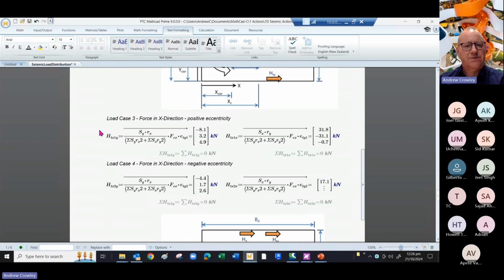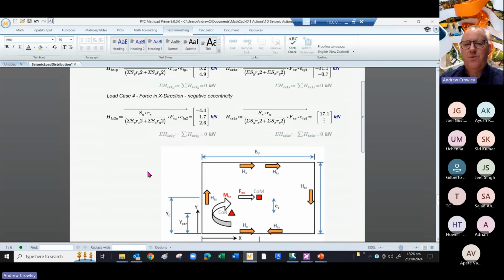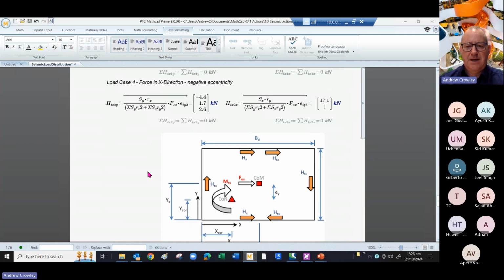Then we've got load case 3, which is a force in the x direction with positive eccentricity. And then we have load case 4, which is a force in the x direction with negative eccentricity. So there's 4 potential load cases there, and this is only looking at the force originally in the x direction with a complementary force in the y direction.